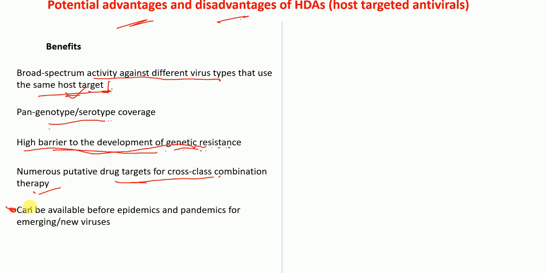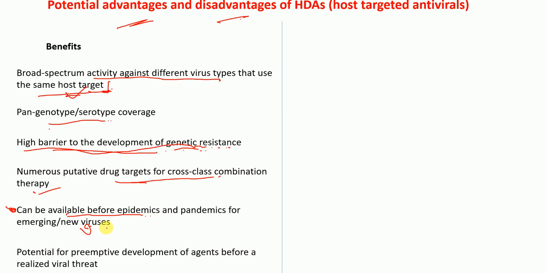Another important advantage is numerous putative drug targets for cross-class combination therapy. The most important thing is that if we have a new emerging virus, or let's say a potential epidemic or pandemic, that uses the same host protein or host target as the previous viruses, then these host-directed antiviral agents can already be available before even the pandemic or epidemic.